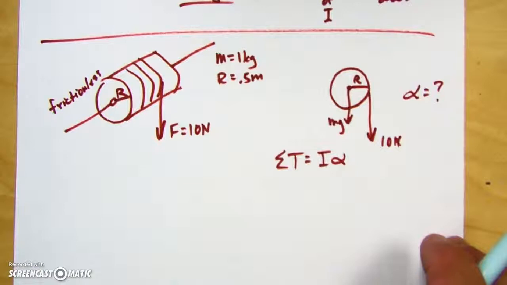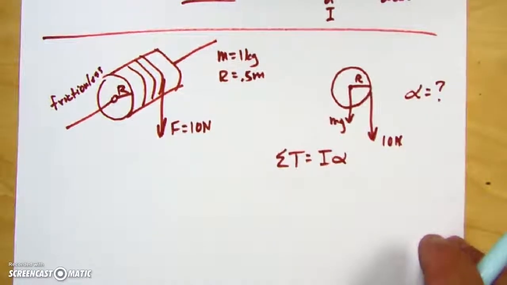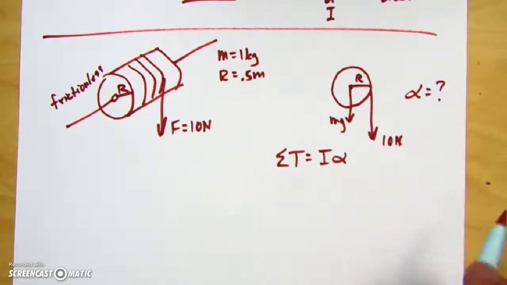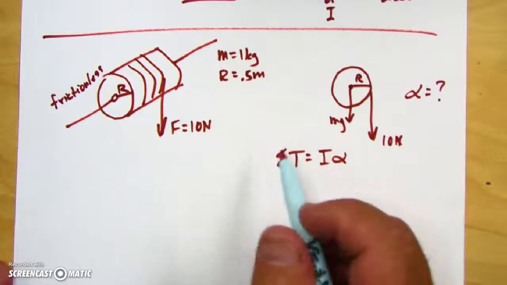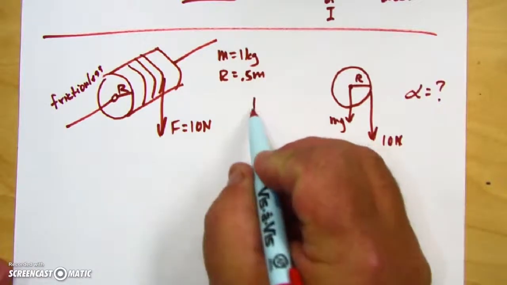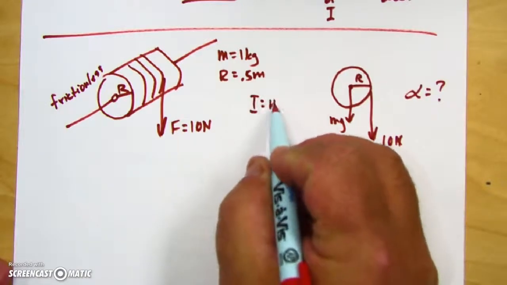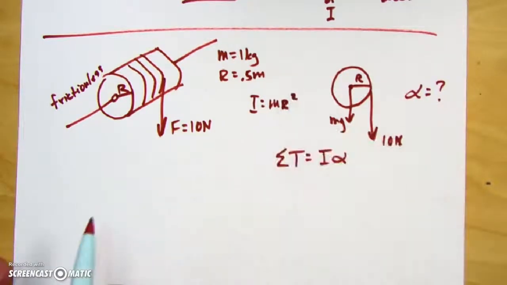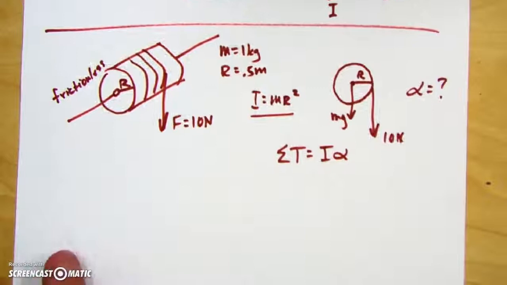In this course, I'm not teaching you what those formulas are. They're going to give you that formula. Right now, the moment of inertia is just a number. Later on, you can calculate it. For a disk, for a cylinder, I is equal to mr squared. But again, they'll give you that formula, because every shape has a different formula.